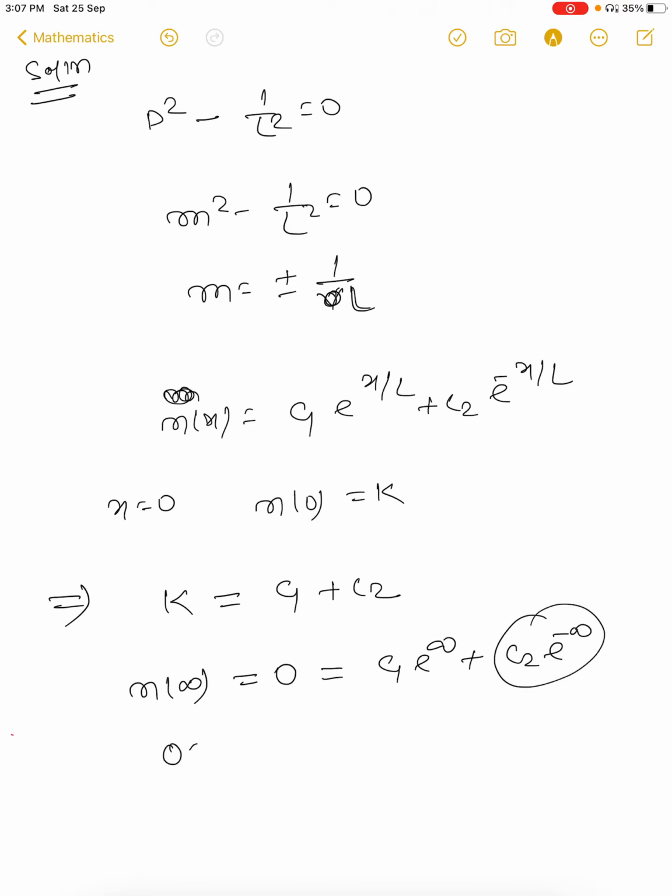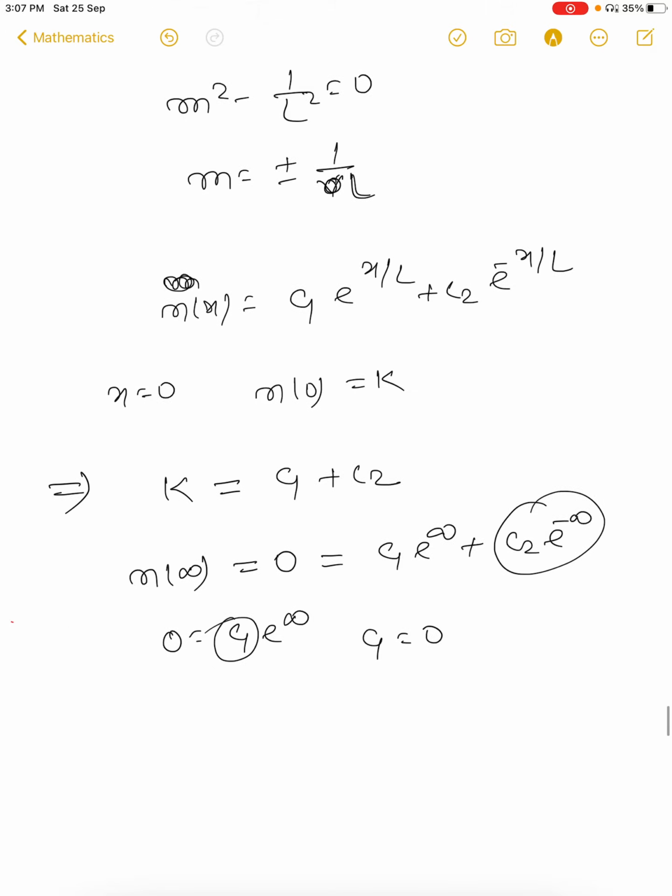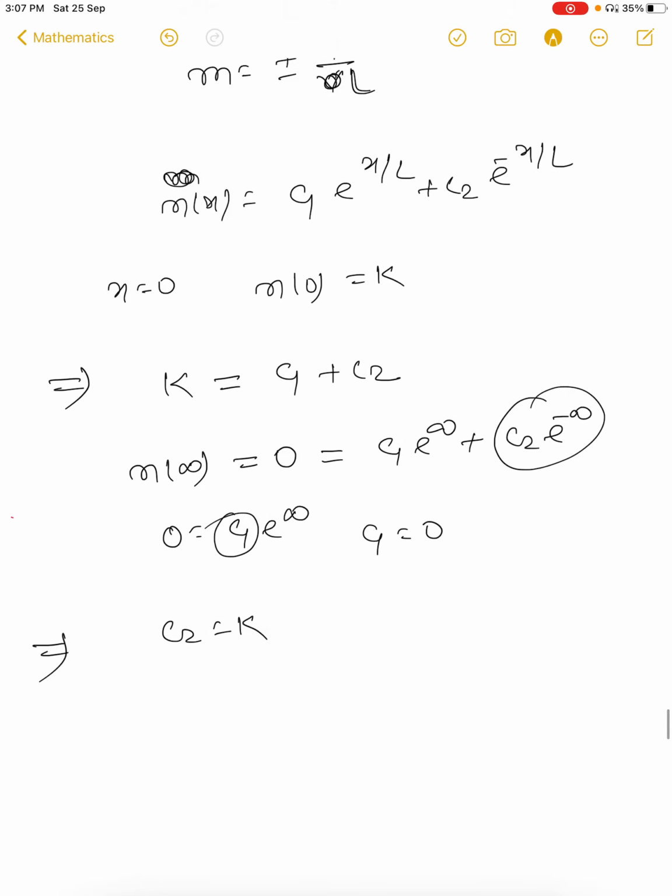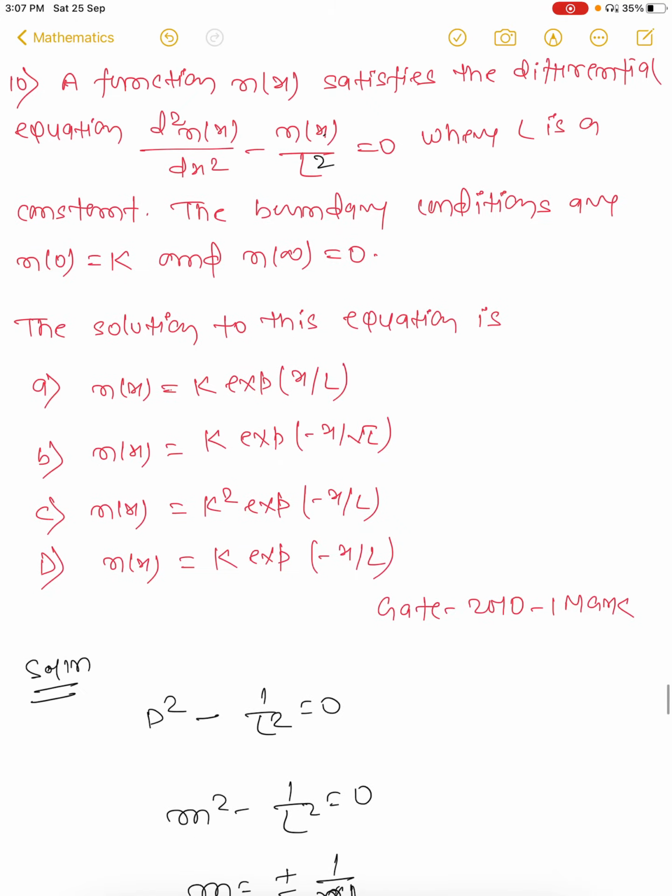Then 0 is equal to c1 e^(infinity), only possible when c1 is 0. So c2 is equal to K, and n(x) is equal to K e^(-x/L). Therefore the answer will be K e^(-x/L), option B.